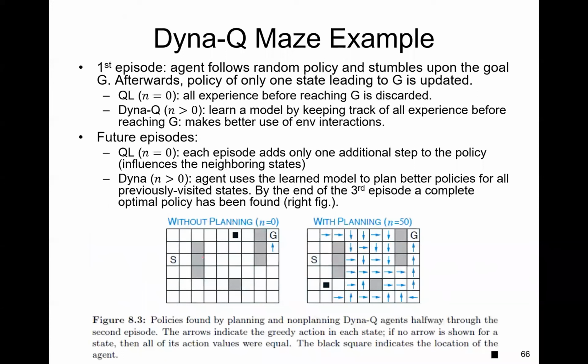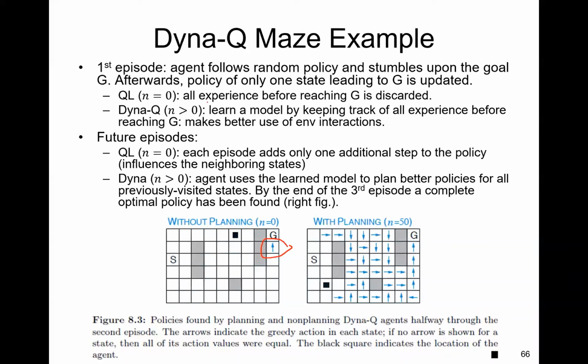So the agent initially has a random policy, and it stumbles around until it reaches the goal. Afterwards, only this one state's policy is updated, its Q value is updated, the other Q values all stay 0.